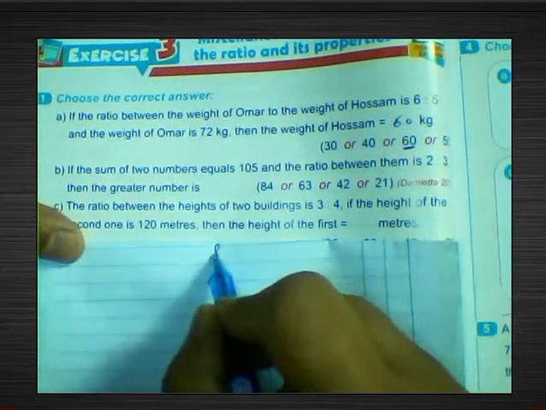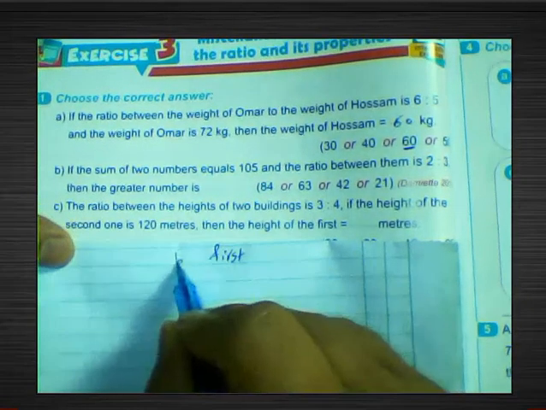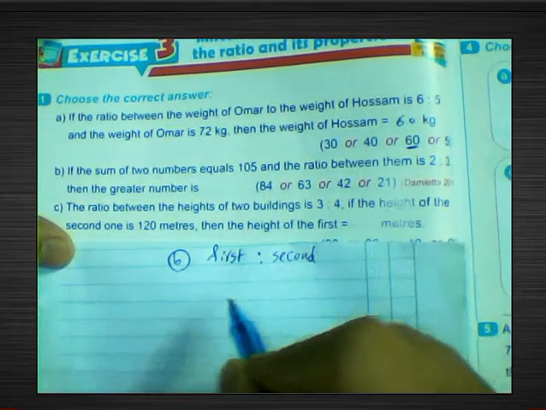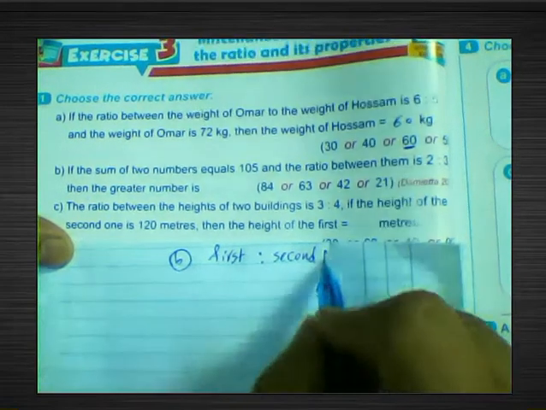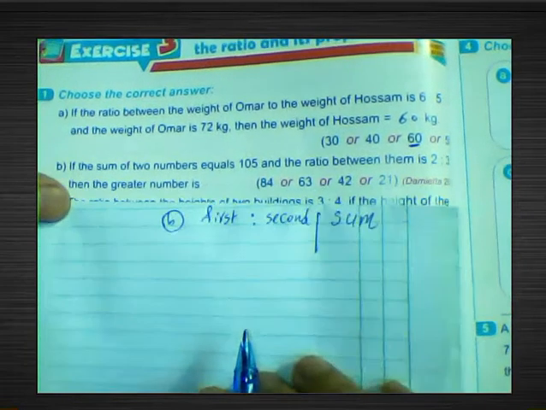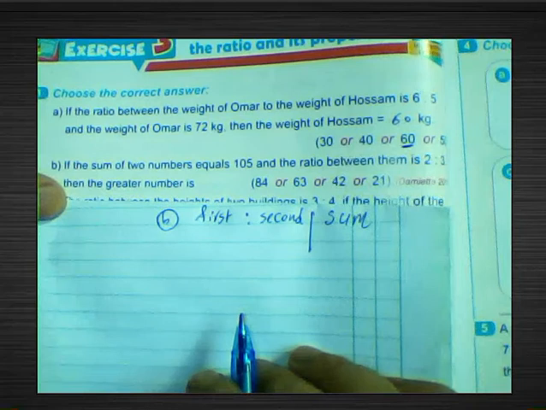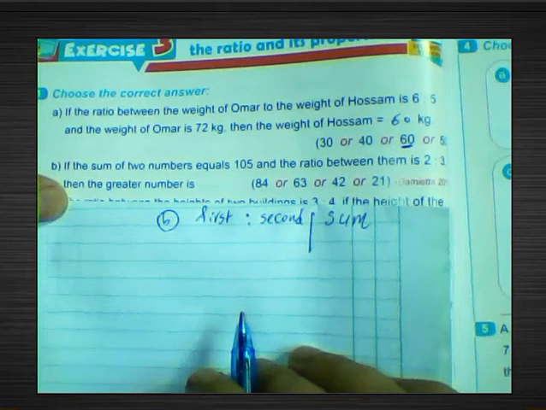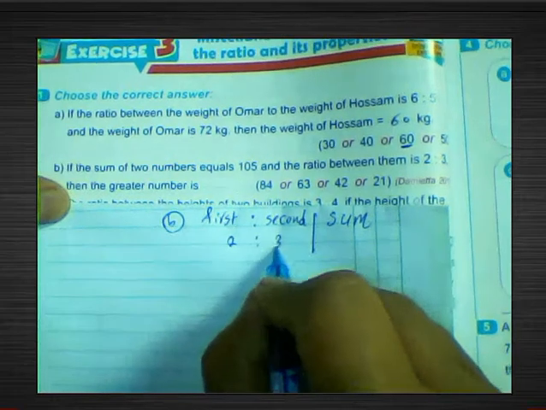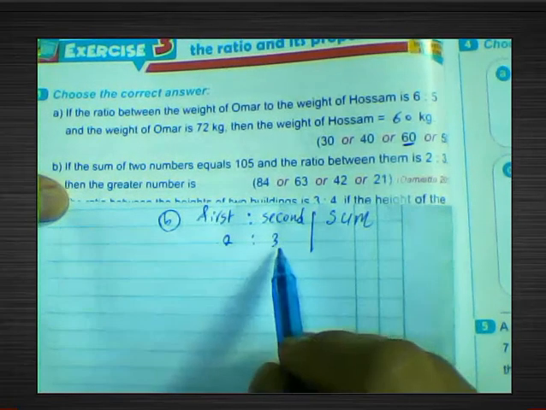First, second, and sum. He gives me that the sum of the two numbers equals 105 and the ratio between them equals 2 to 3.